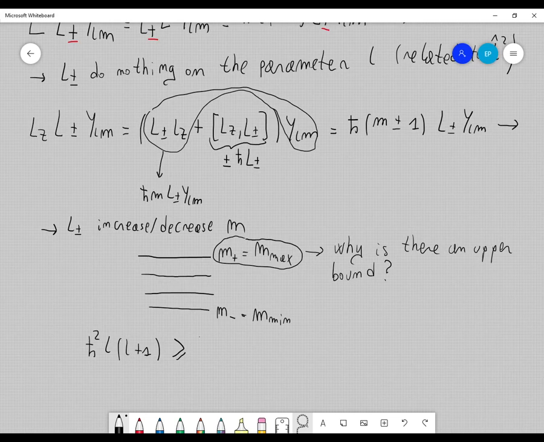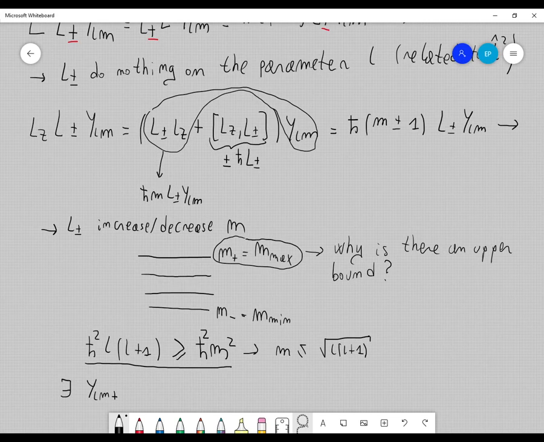If I take the eigenvalue for angular momentum, I have h bar times M, and if I square it, this quantity remains larger than h bar squared M squared, right? Therefore, from here we get that if L is some definite value, M is less than or equal to the square root of L times L plus 1. So there must exist a state which I will call YLM plus, let's say.